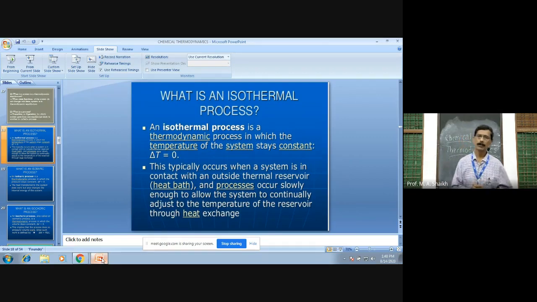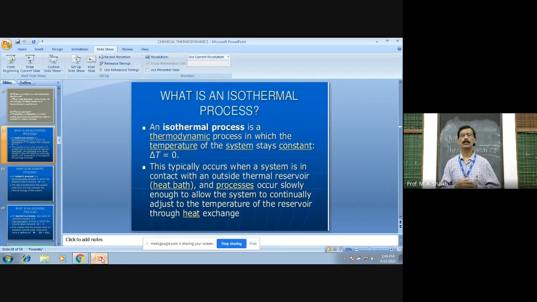Temperature is a state function. So how to find change in temperature or delta T? Delta T is equal to T2 minus T1. But T2 and T1 both are same. In isothermal process, all temperature readings are same. Since T1 and T2 are same, delta T is 0.